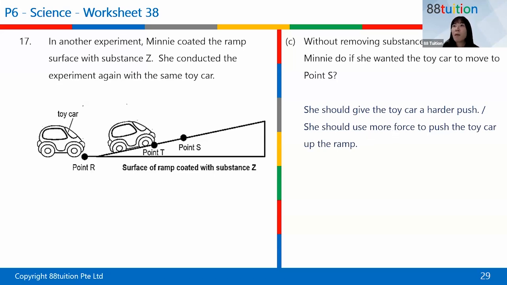Yeah, I see that some of you have actually written, Evan says she can add lubricant to the ramp to make the toy car reach point X. Do you think so? Can she actually put the lubricant on the ramp? Would you accept that? You will move downward faster.